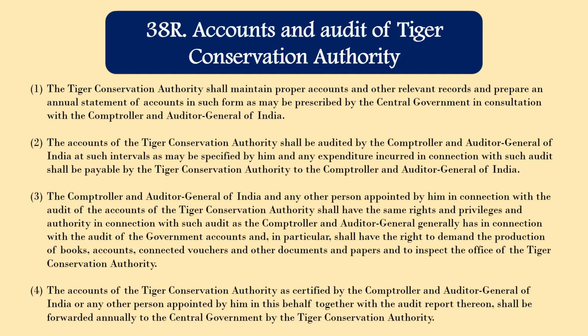And they have to consult with the Comptroller and Auditor General of India while they are preparing the records and accounts. And the accounts of the authority have to be audited by the Comptroller and Auditor General of India at intervals specified by the authority. And the fees that are given to the Comptroller and Auditor General are to be paid by the Tiger Conservation Authority.